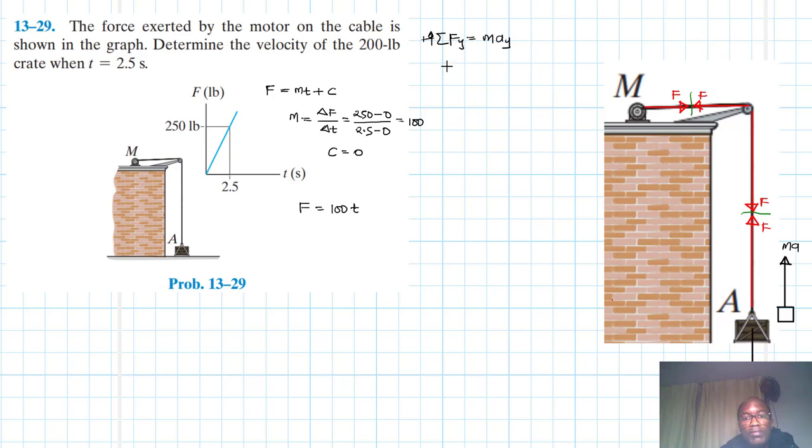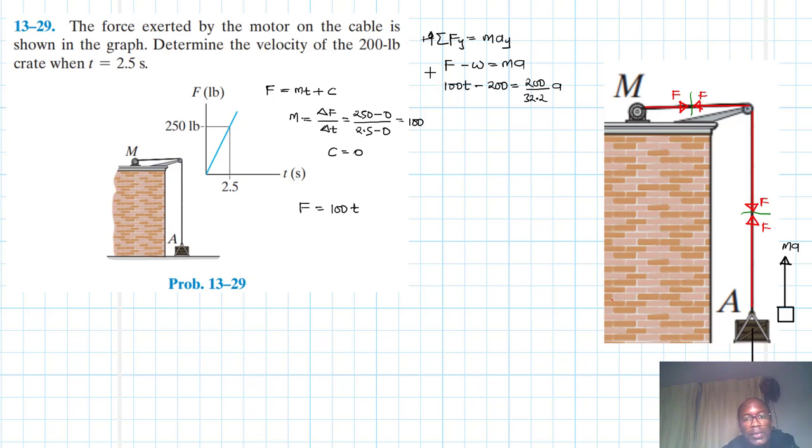So we have F minus W is equal to ma. We know what F is, that's just 100t, minus W, which is 200, and our m is 200 pounds divided by the acceleration due to gravity in feet per second squared, 32.2, times a.